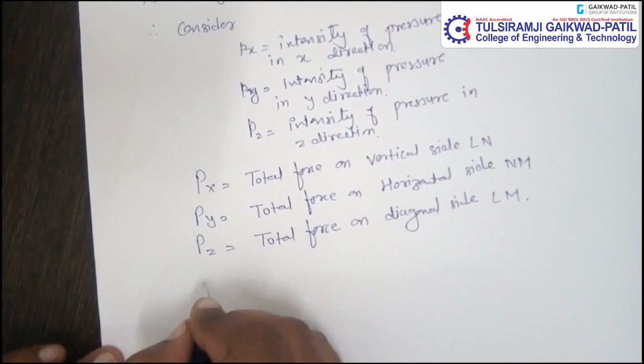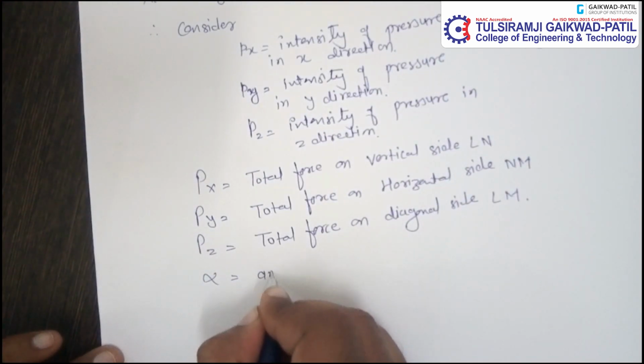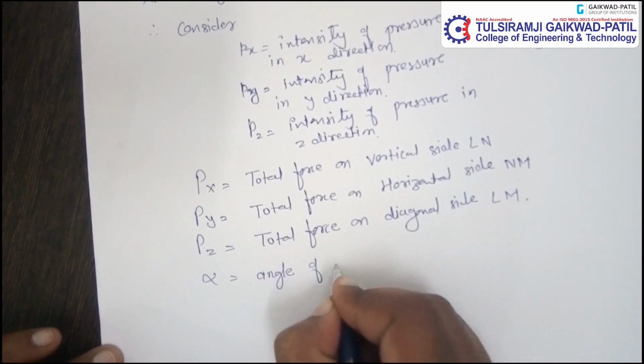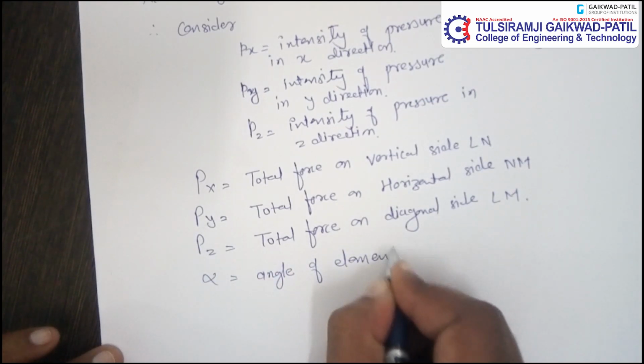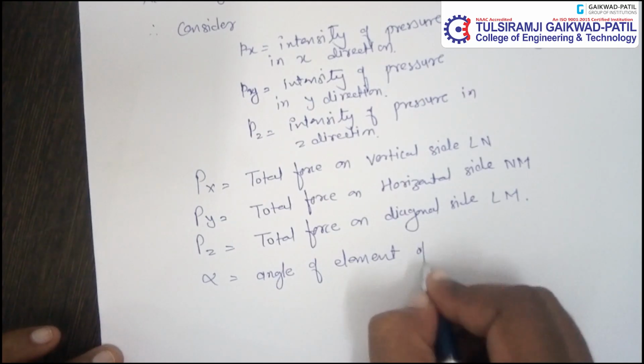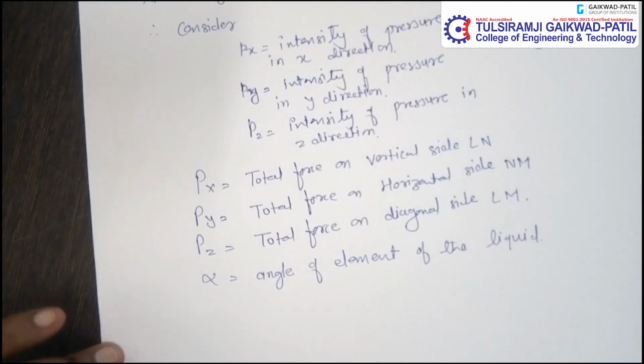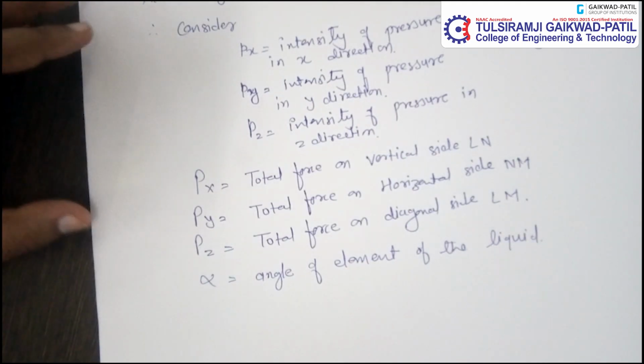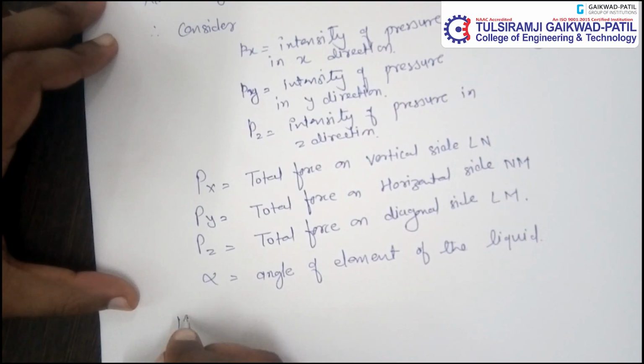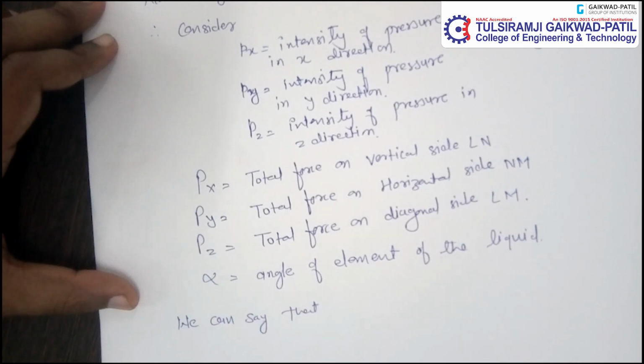Now we'll consider alpha is equal to angle of element of the liquid. So we can say that capital Px be the intensity of small pressure px into LN.